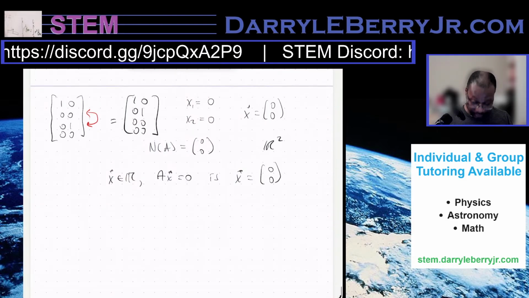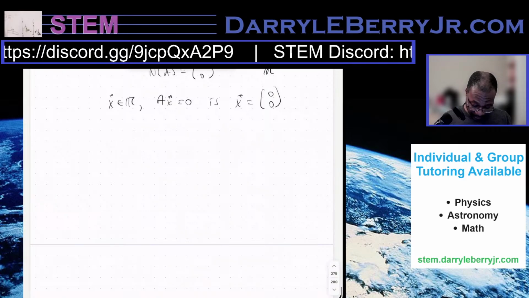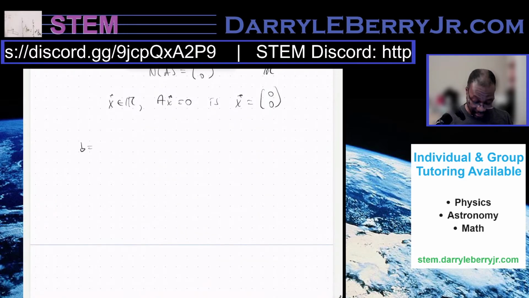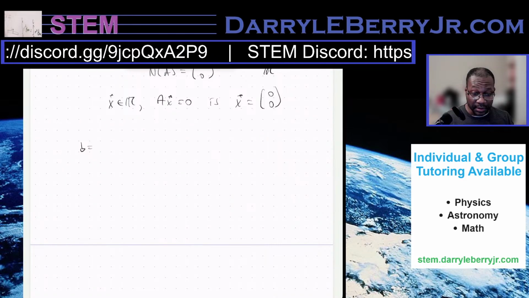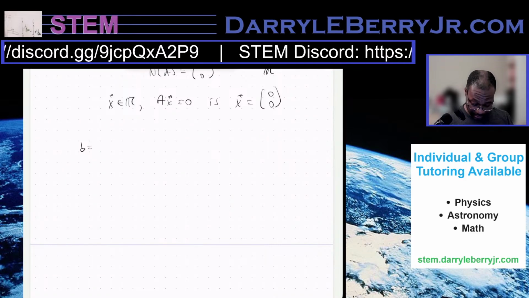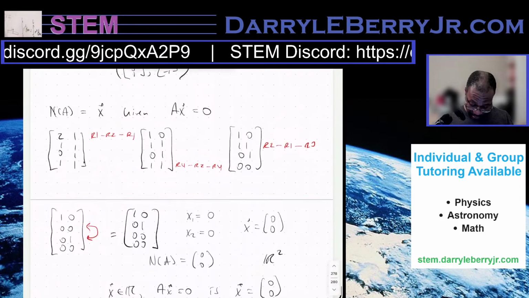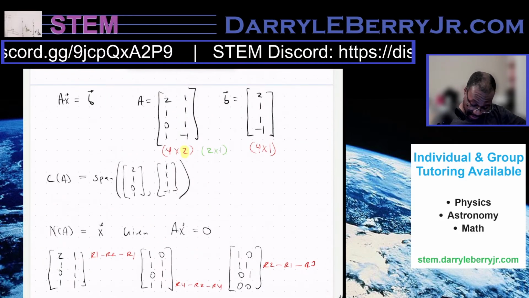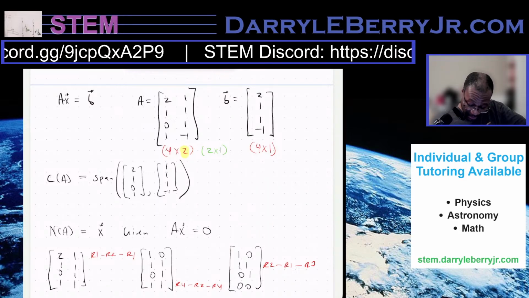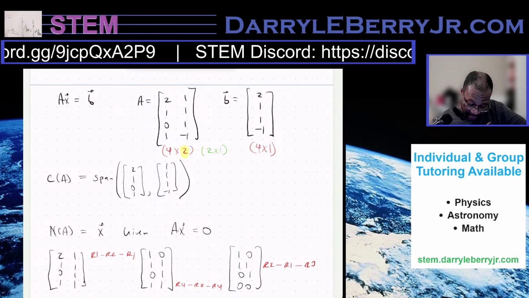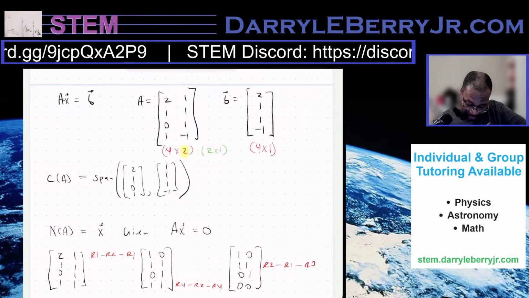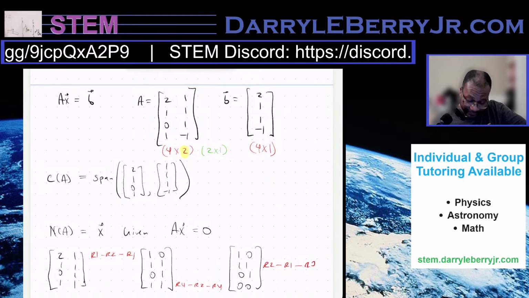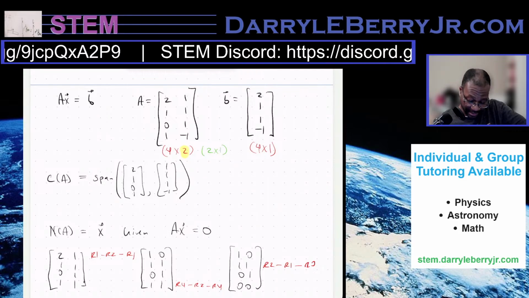I'm saying B is not in the column space of A. So B equals 2, 1, 1, -1, and that is not in the column space of A. There's no way to scale B so that it equals either 1, 1, 1, -1 or 2, 1, 0, 1. So B is not in the column space of A.